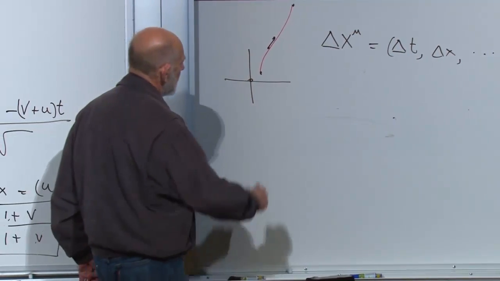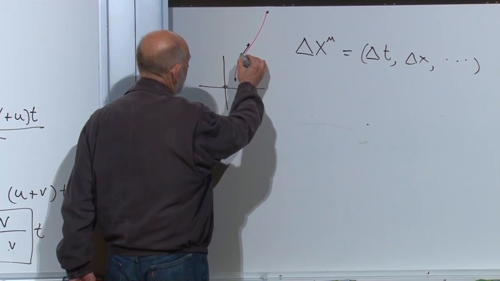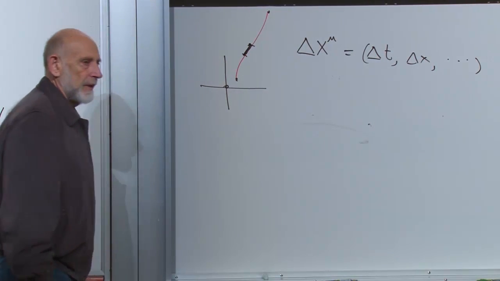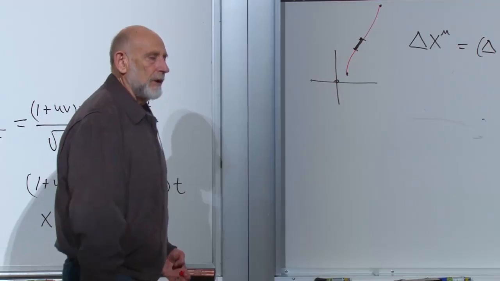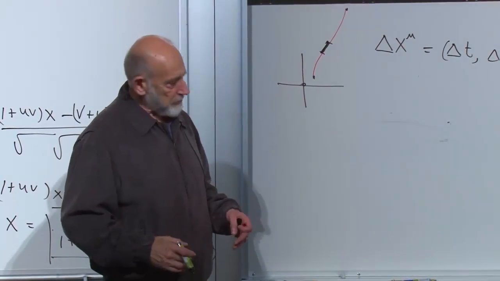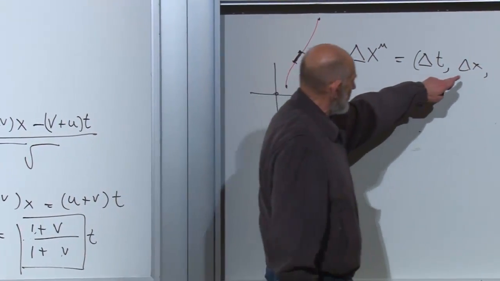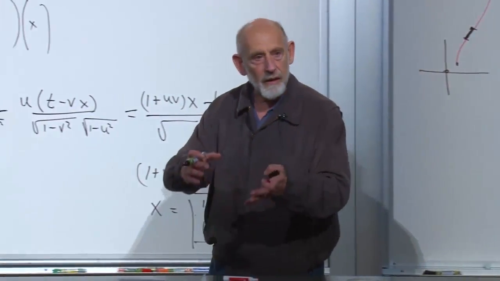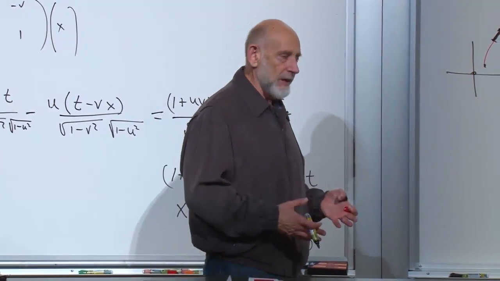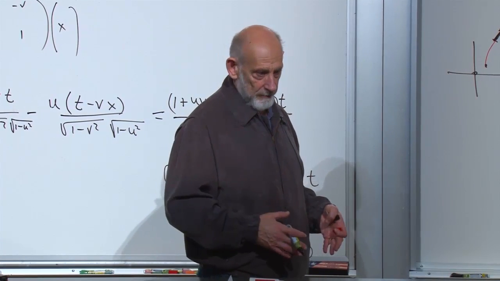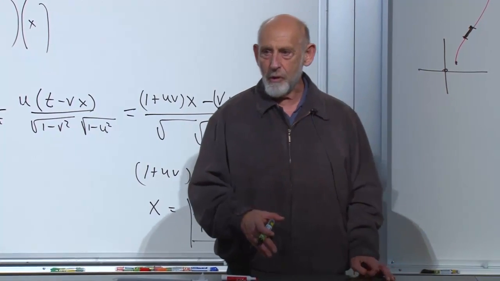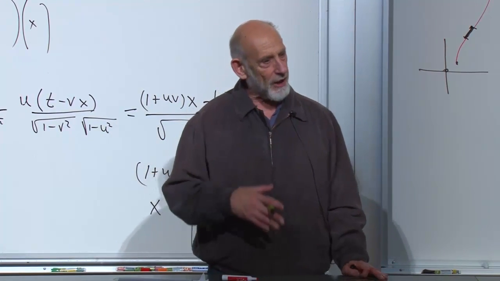And I'm interested in a notion of velocity at a particular instant over here. If I were doing ordinary velocity, I would take a little delta x and divide it by a delta t, and then take the limit, and that would define ordinary velocity. That velocity has three components: the x component, the y component, and the z component.